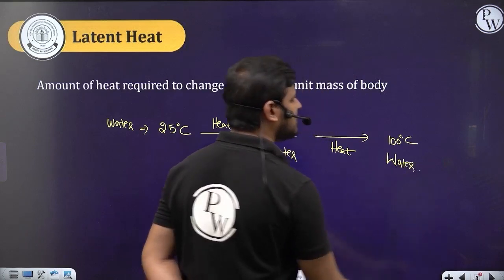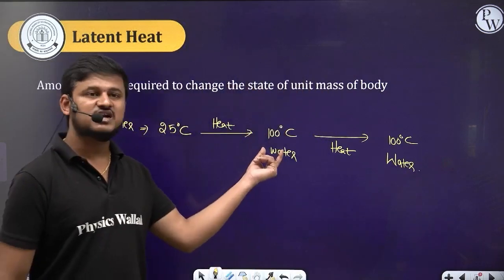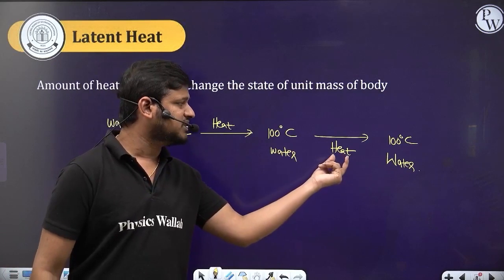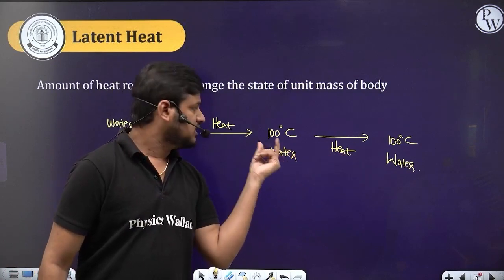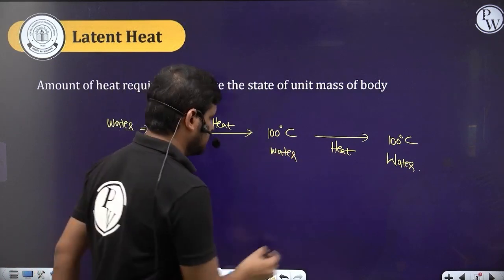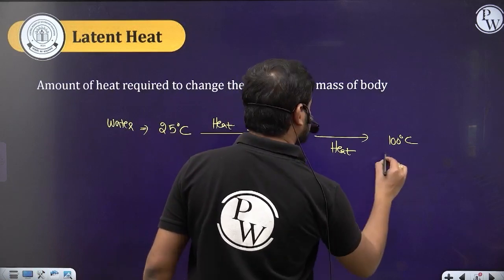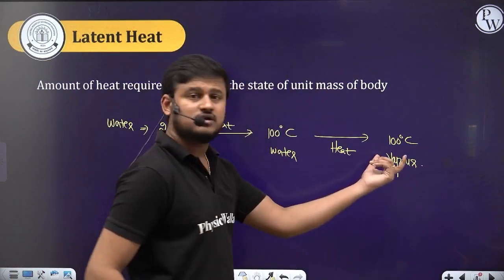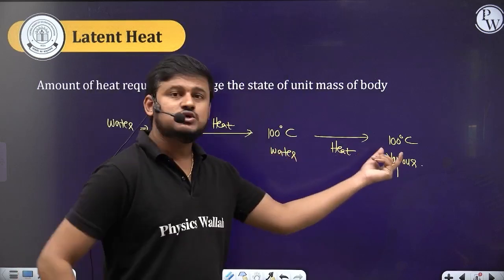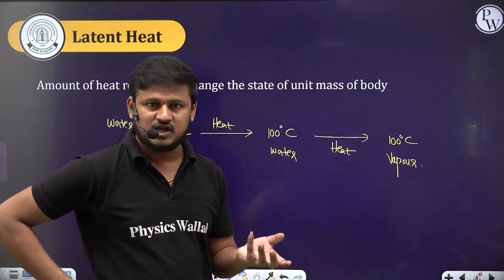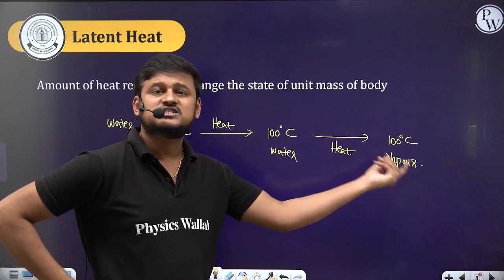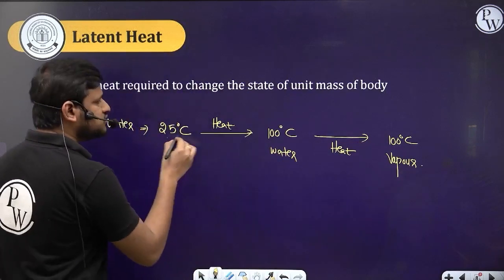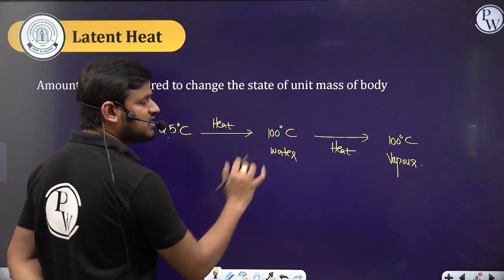It is becoming vapor. So after 100 degrees centigrade, if you still supply the heat, the water is becoming vapor. Okay. So here the heat that you supplied from here to here is not used to raise the temperature of the body. It is used to change the state of the body. Here it is used to raise the temperature from 25 degrees to 100 degrees centigrade.